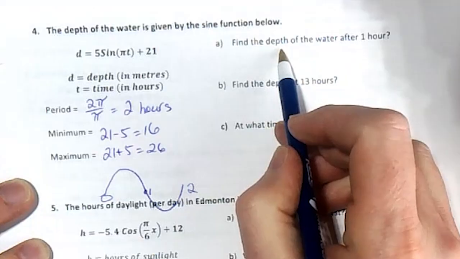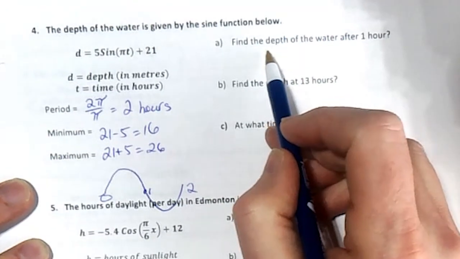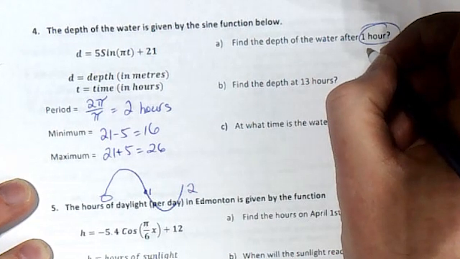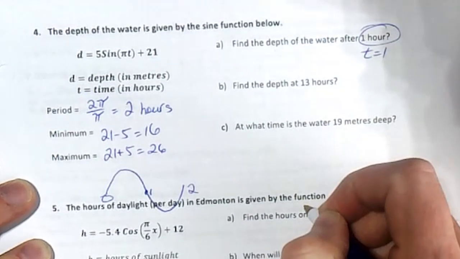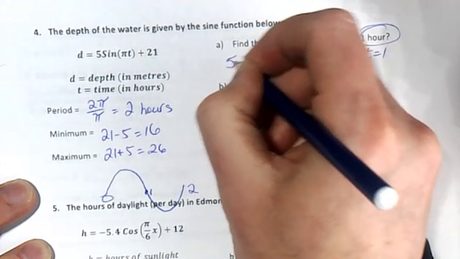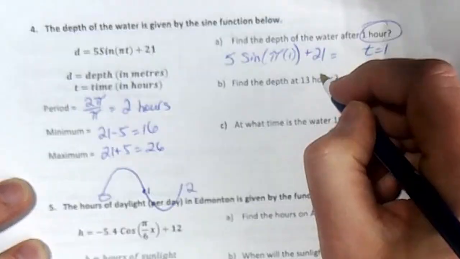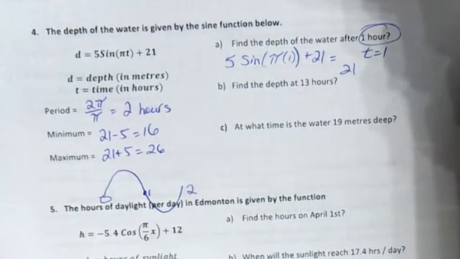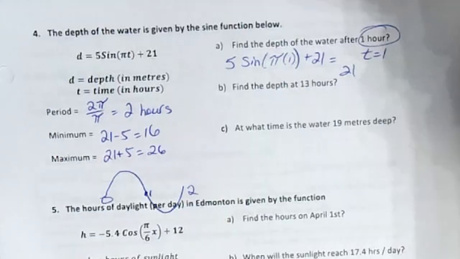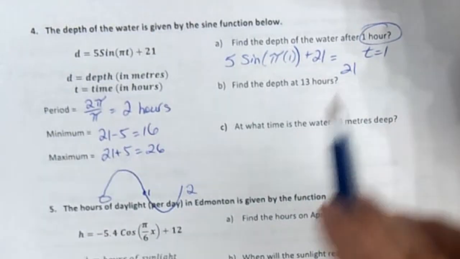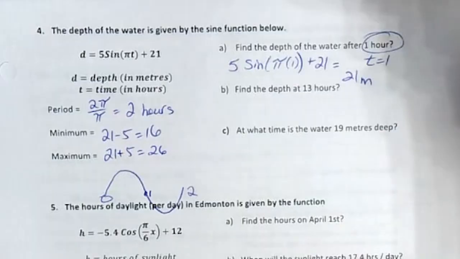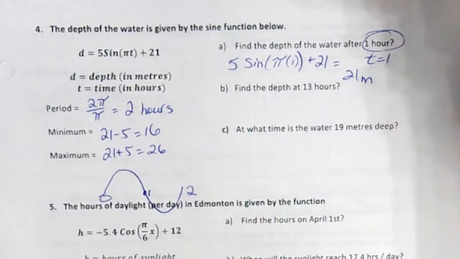So let's find the depth of the water after 1 hour. The depth. So we're going to change t to 1. And we're going to get 21 meters.